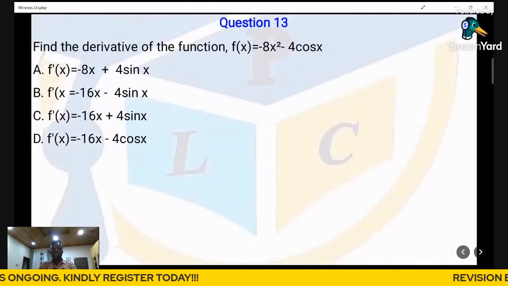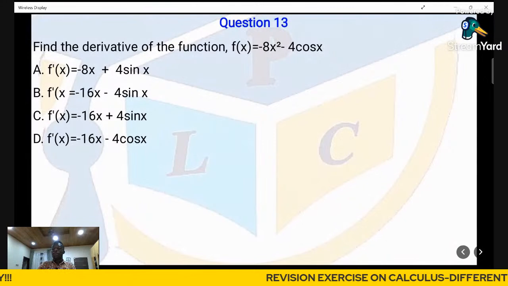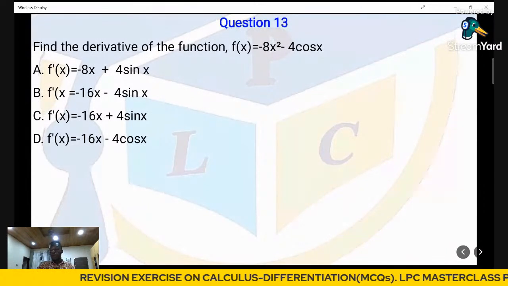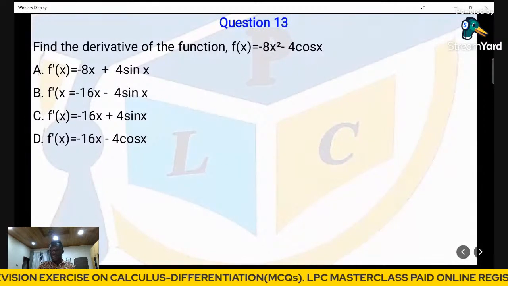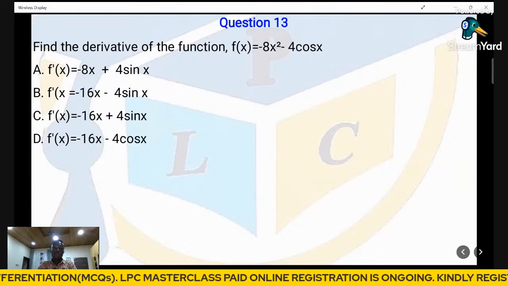Let's move on to the next question. Question number 13. We are asked to find the derivative of the function f of x equal to negative 8x squared minus 4 cos x. When it comes to differentiation of trigonometry, let me give you a simple rule.